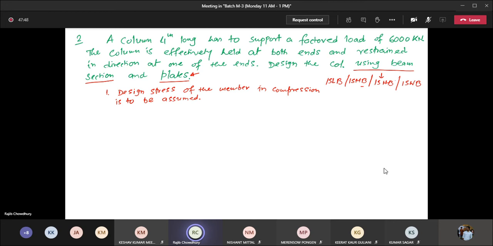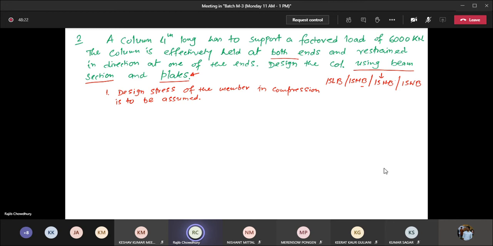Now L, I know the L, and depending on the boundary condition, I can calculate the K, boundary condition factor. But what about R? R depends on the section which I am considering, based on that the radius of gyration, IXX, IYY or IZZ and the area.